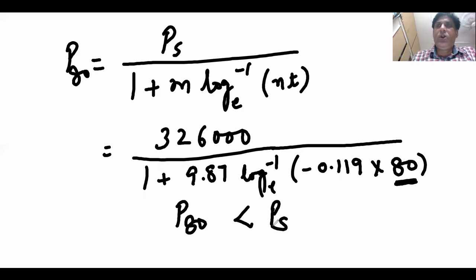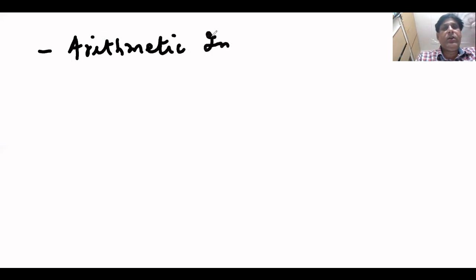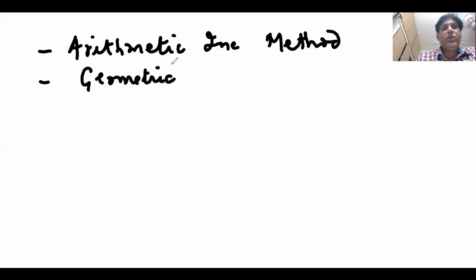So what have we done? We have found the population by the arithmetic increase method. We found it by the geometric increase method.